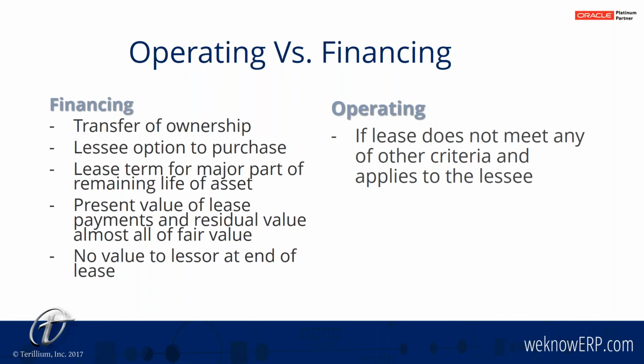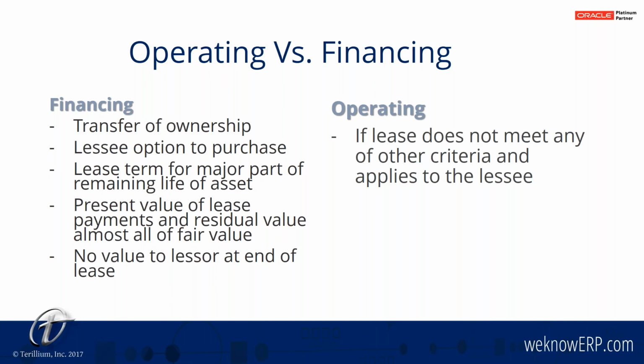So what's the difference, or how do we classify operating versus a financing lease? For financing leases, if the transfer of ownership of the asset takes place, it would be classified as a financing lease. If there's a lessee option to purchase the asset at the end of the lease, that would be classified as financing. If the lease term for a major part of the remaining life of the asset is in place, then that would be classified as a financing lease.